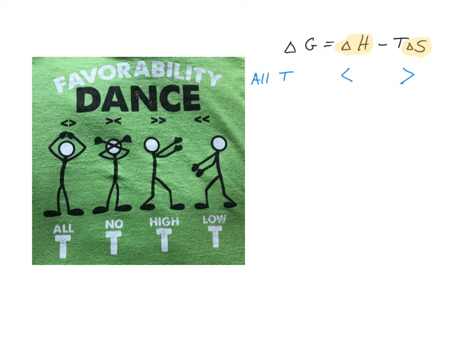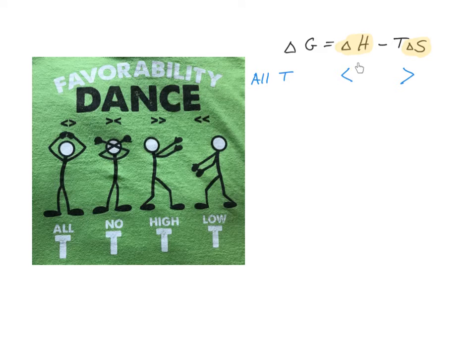This is how this mnemonic works. We're looking at the sign on delta H and the sign on delta S. When delta H is less than 0 and delta S is greater than 0, at all temperatures, this reaction will be favorable.